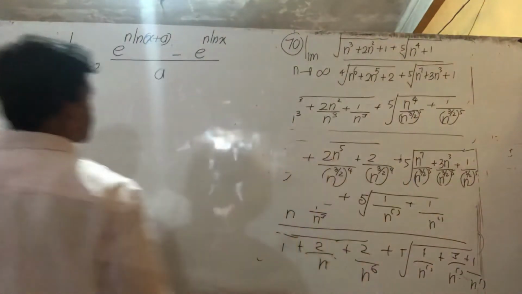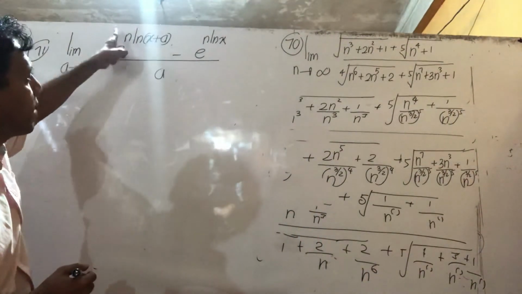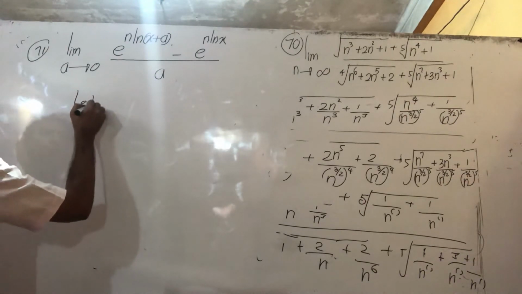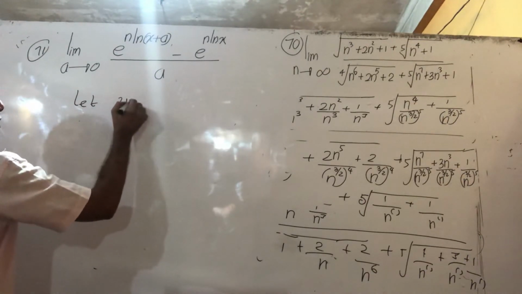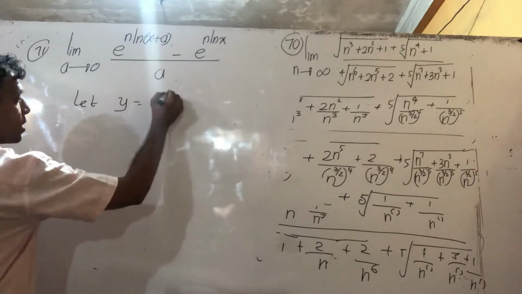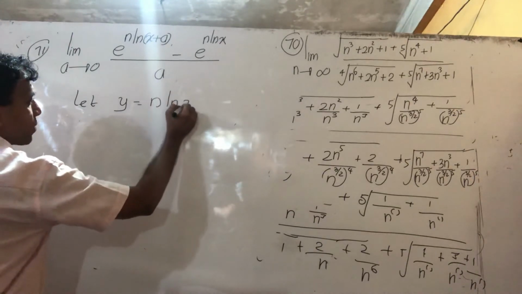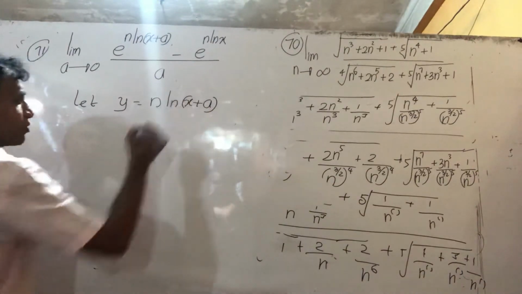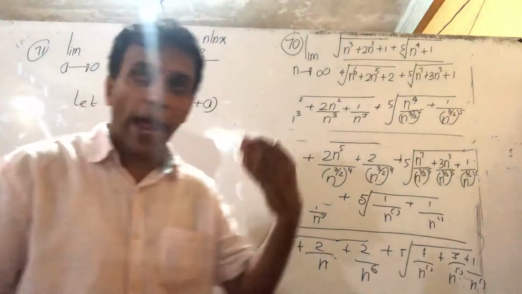So we can change it into something else. Okay, see, I will take this power. Let y equal n ln x plus a. Very useful question. You will convert it to another form and do the rest.